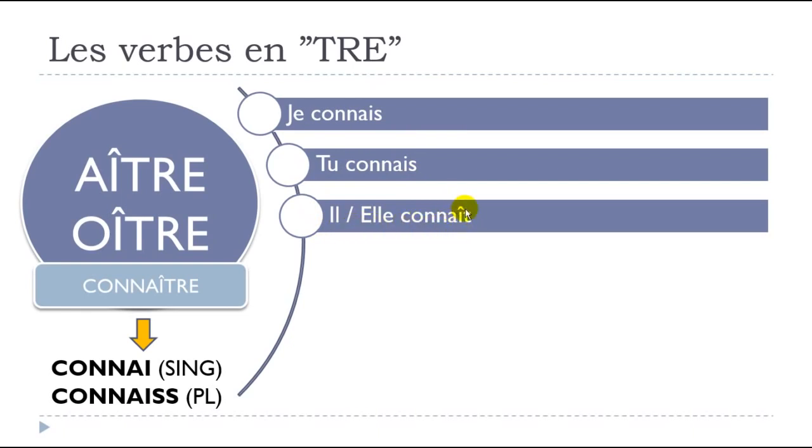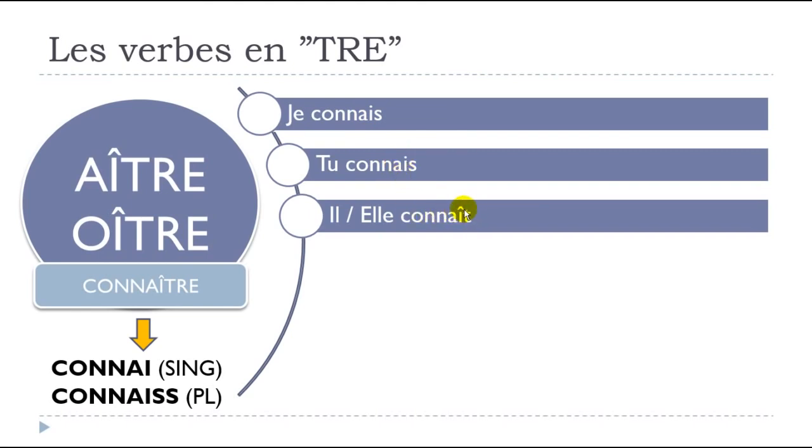Keep in mind that it's a strange thing, I know, but you should put this accent circonflexe here. You don't pronounce it, I know that, but if you want to write correctly, you should put it here. It doesn't come for je, it doesn't come for tu, but it comes for il and elle.